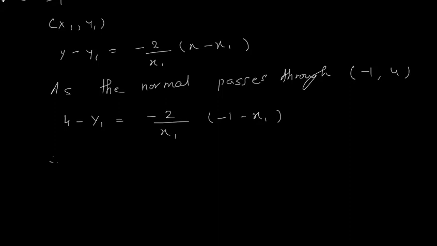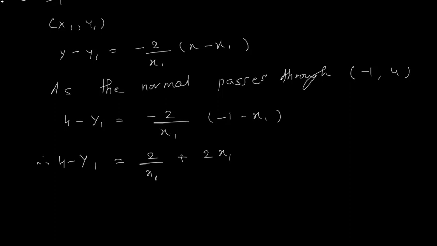Here I will find the value of y1, that is better. So let us first simplify this right hand side. So 4 minus y1 is equal to, here I will open the bracket, minus minus it will be plus, so it is 2 upon x1, and then minus minus plus, so it is 2x1.